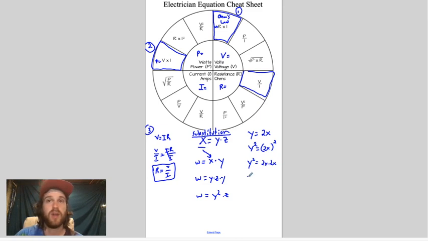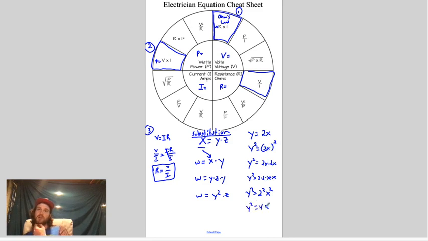We can rearrange that multiplication into 2 times 2 times x times x, which is y squared equals 2 squared x squared. If you raise a product to a power, you can raise the 2 to that power and x to that power. Y squared equals 4x squared in this case.